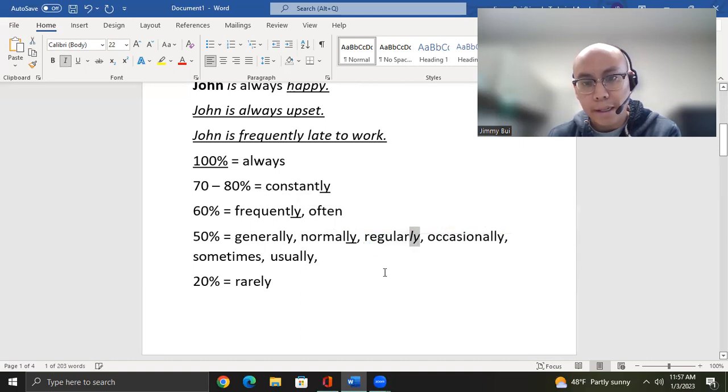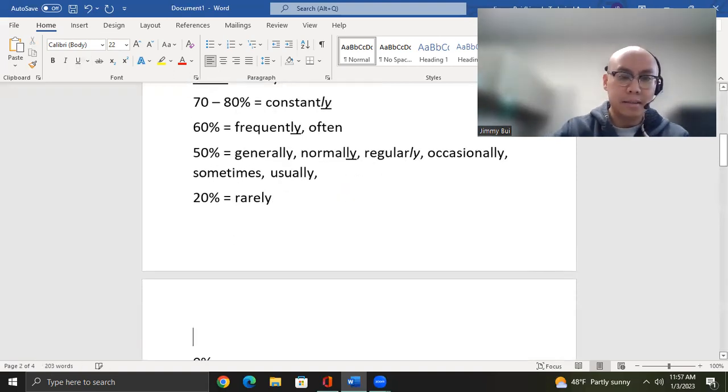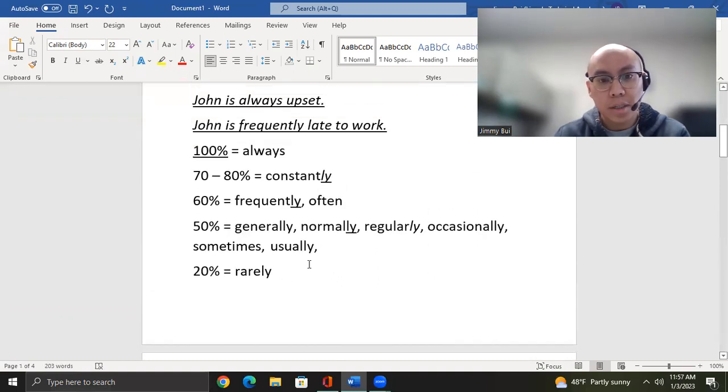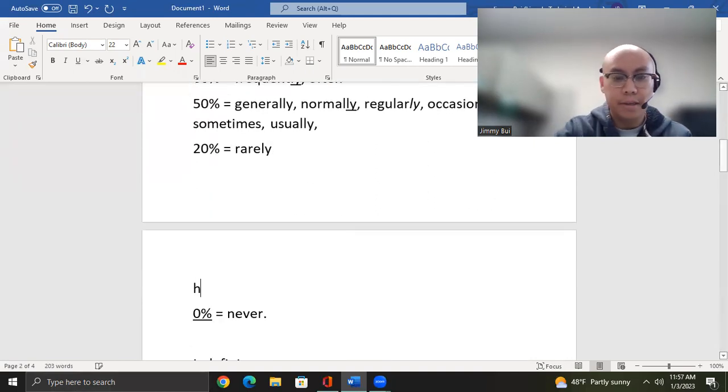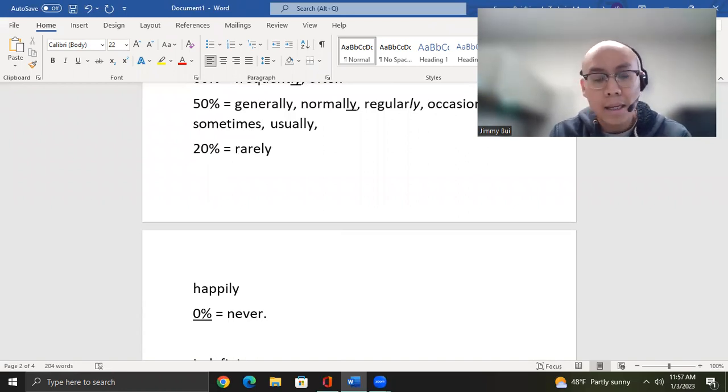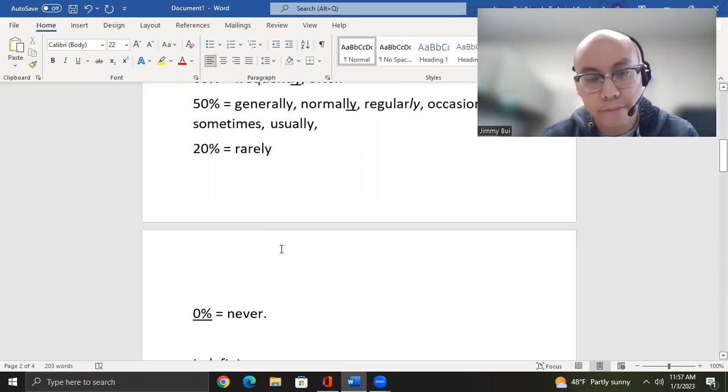And we modify these words and turn them into adverbs by adding an ly. It's not every adjective you can change and add an ly, but happy, we remove the y and then add ly, happily. And we can use these words to modify an adjective or a verb.